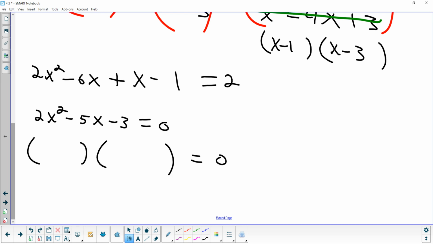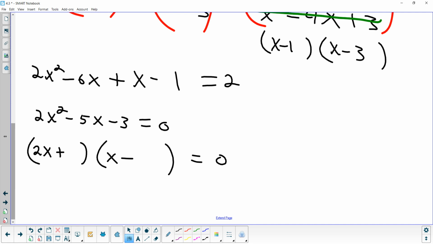Casey, what would be my first term in each set of parentheses if I want to factor that? Yep, an x and a 2x. And Ethan, what about my signs? Positives, negatives, or one of each? One of each. Yep, we're going to need one of each. I would try it like that.